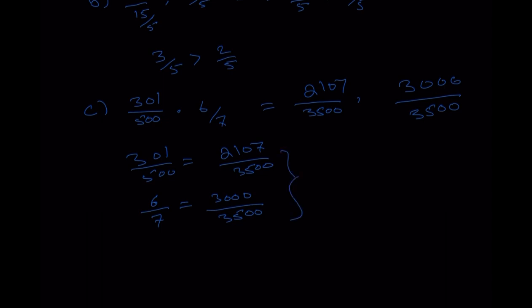The larger will be the one with the larger numerator. So 3000 over 3500 is larger than 2107 over 3500. Or we can say 301 over 500 is smaller than 6 over 7.